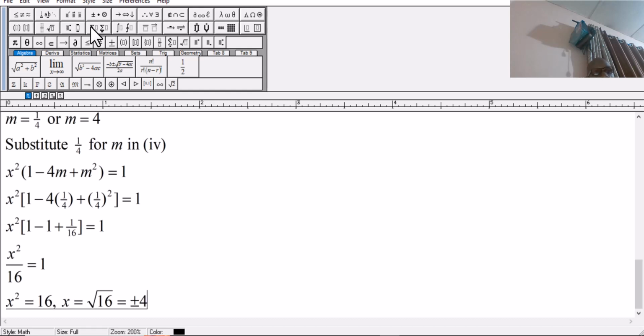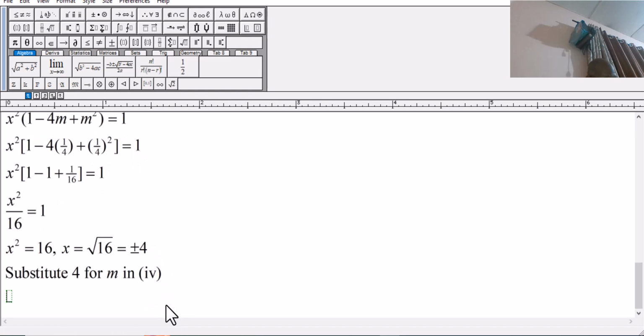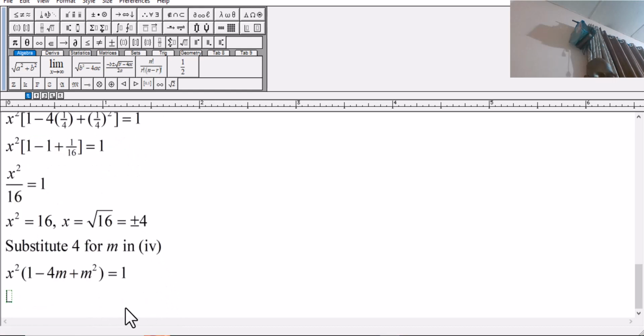So also we can substitute. So since we got two values for x, let's substitute 4 because we got 4 also. So let's substitute 4 in I. So we have this. So I'm going to copy this, paste it. So we have x squared.